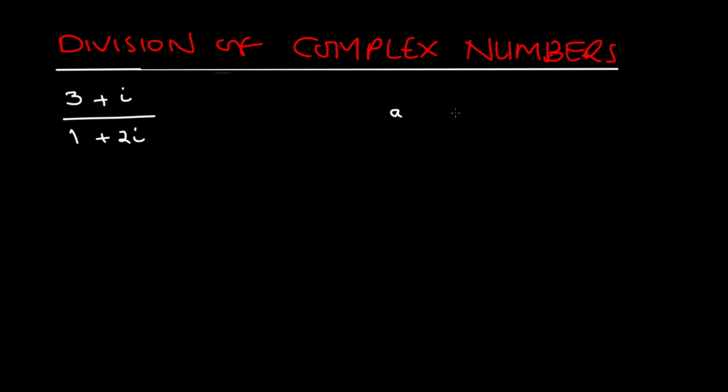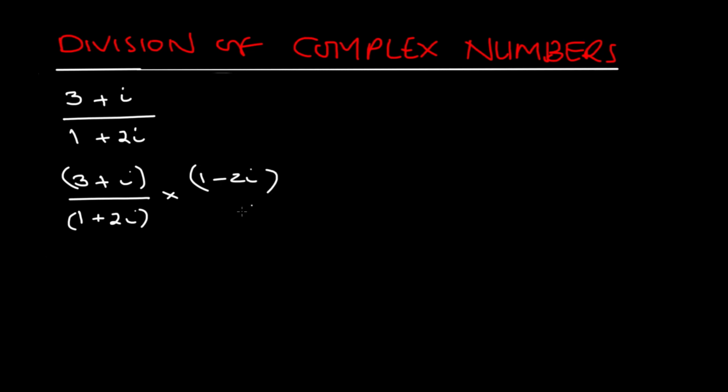Now we are going to put 3 plus I over 1 plus 2I times, we're going to multiply with the conjugate of this one. The conjugate is going to be 1 minus 2I. And then here, we're going to have the conjugate as well, 1 minus 2I, like that.